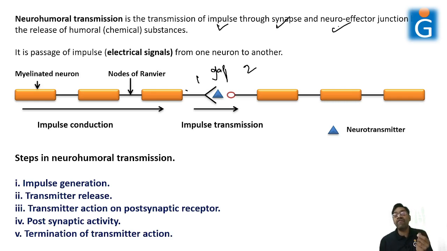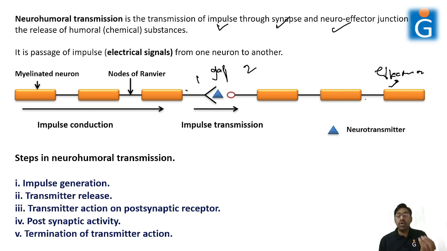And neuroeffector junction means the gap present between the neuron and the effector organ. If this is an effector organ and this is a neuron, the gap between them is called the neuroeffector junction.